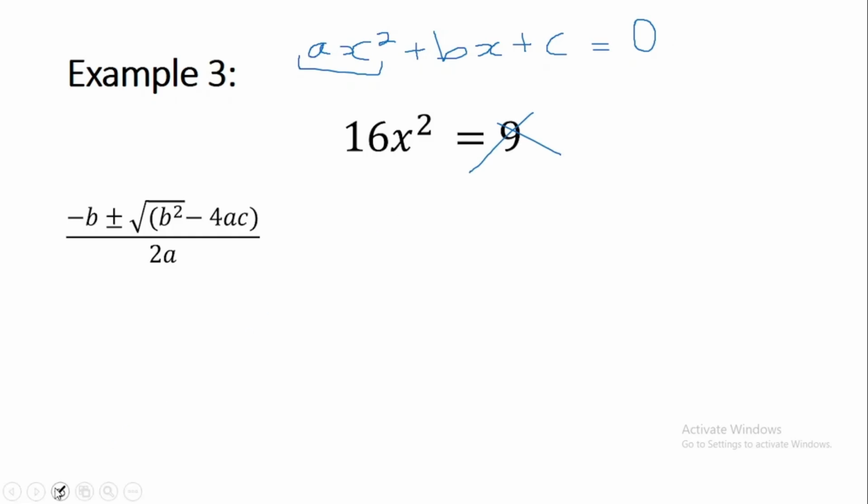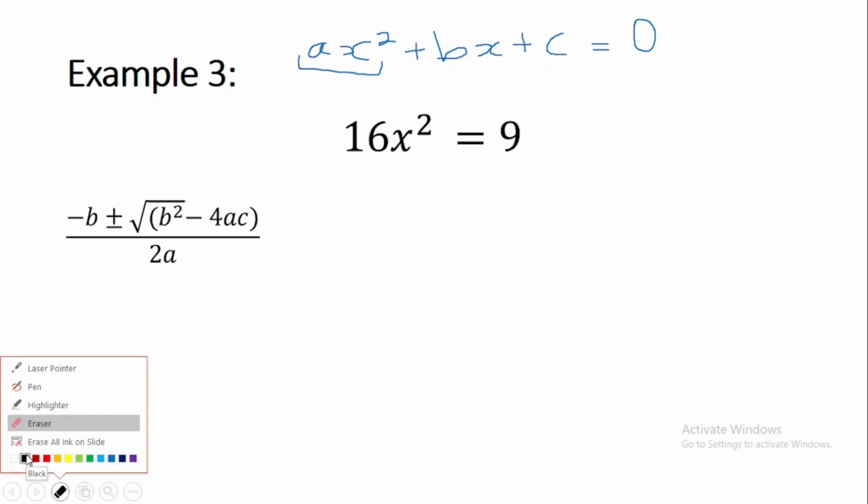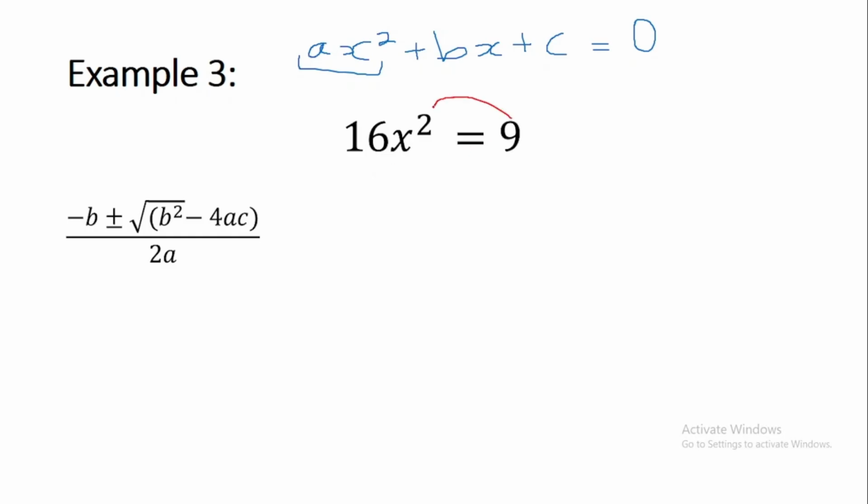Just like when we are solving linear equations, we can easily move any number from one side of the equal sign to the other side. The only thing is that the sign will change to the opposite. Because it's a positive 9, if I move it over to the other side, it's going to change into a negative.